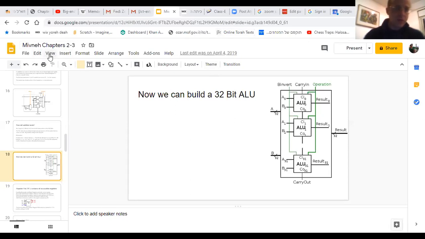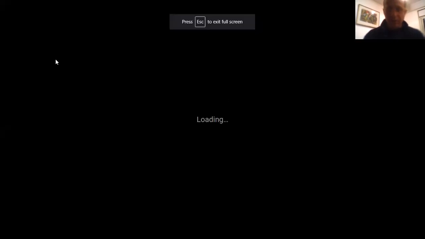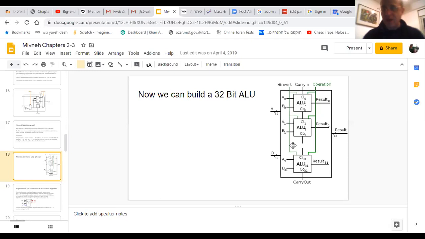Let me do View Present. Okay, is that better? Oh, not yet. Oh, I don't know if this present is going to work. Okay, forget about present. You can see my screen fine?